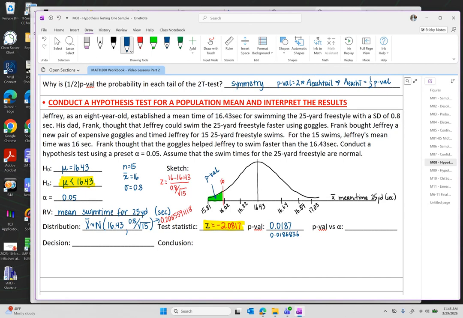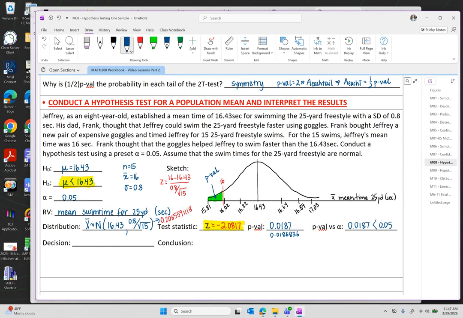So did we have an unusual outcome? And the answer is that yes, this p-value of 1.87% is actually smaller than the level of significance alpha, which was 5%.